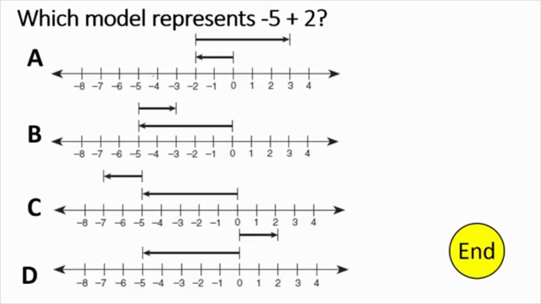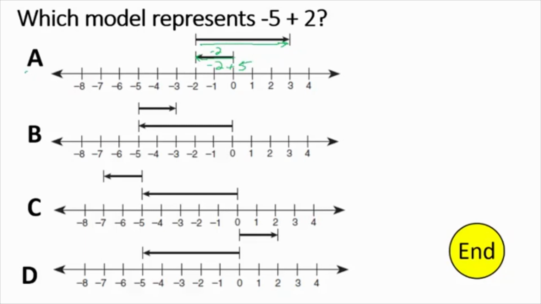Which model represents -5 plus 2? Each one of these line plots is unique. As we read these, this is going to say -2 plus 5. So how it works is whatever comes first is I'm going backwards 2, so that's the -2, and then I'm going to the right 5, so that's incorrect.